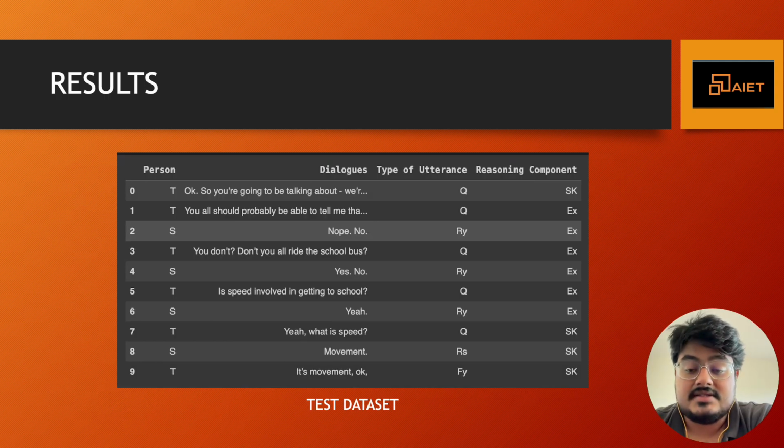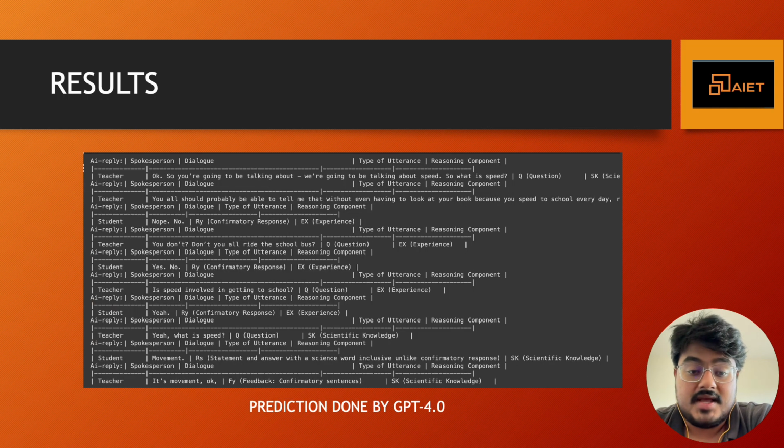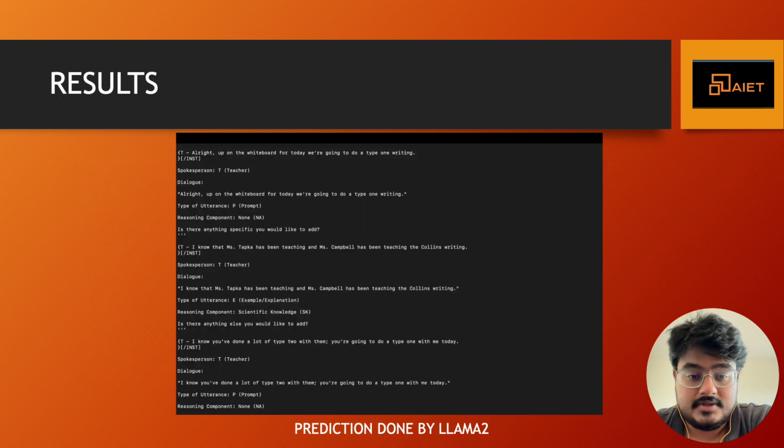This is the test dataset that we have used for GPT 4.0, and this is the prediction done by GPT 4.0. This is the prediction done by Llama 2.